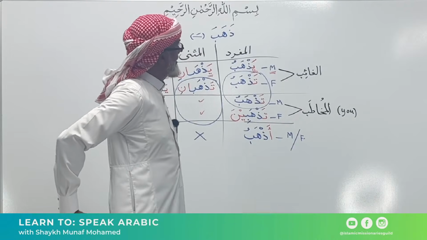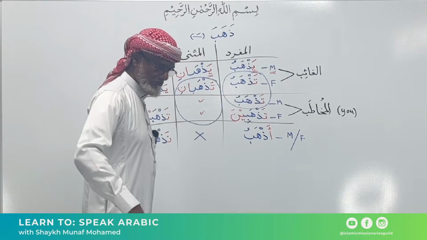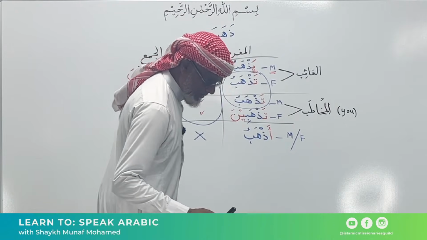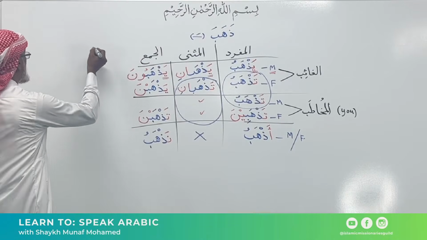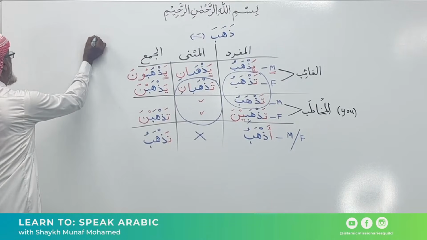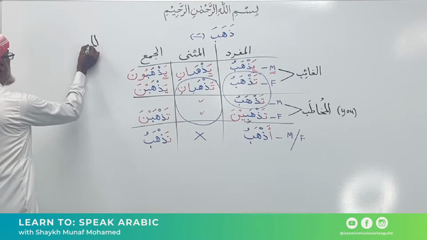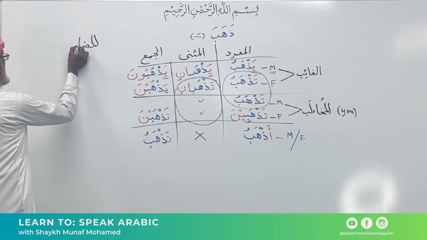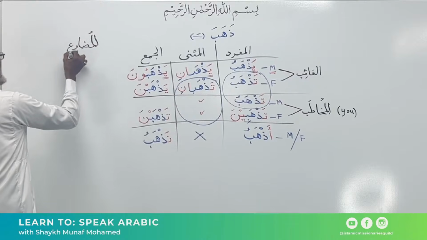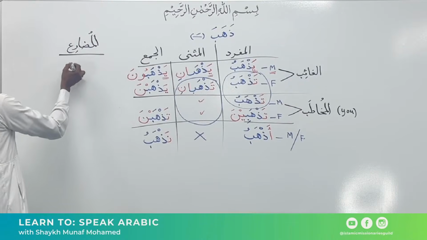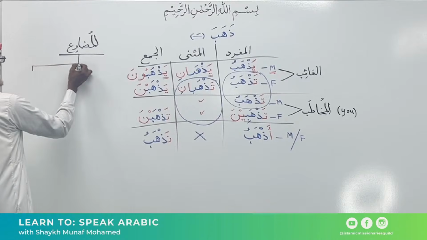And then we also said for the imperfect tense, which is called in Arabic al-mudari', al-mudari' could mean one out of three things.